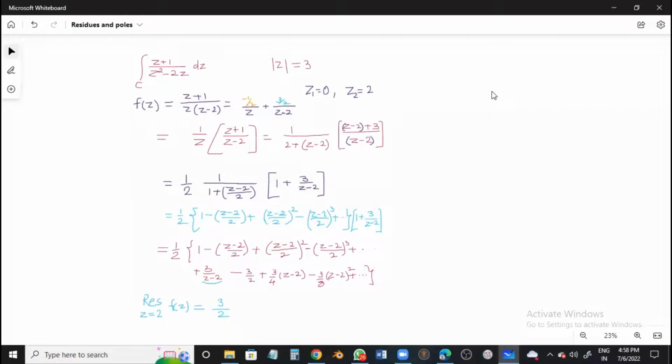Okay, now I want the residue at z equal to 0. And for getting the residue at z equal to 0, I'll take the help of the partial fractions.